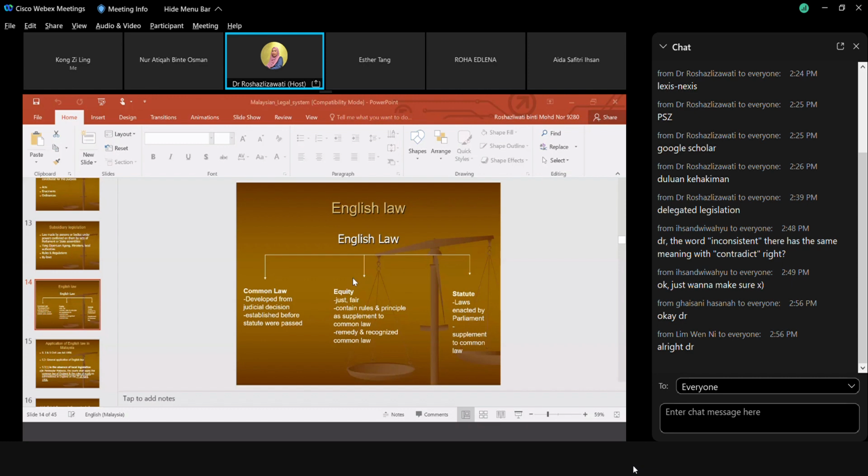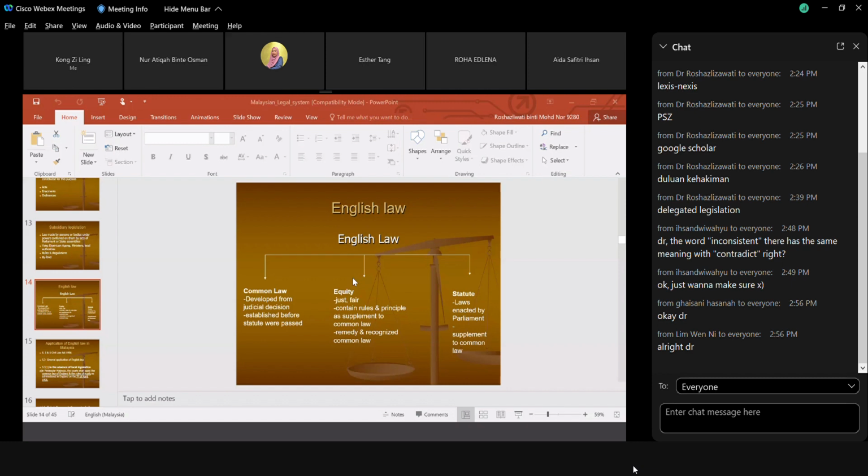If there is conflict between common law and equity, we look at what is the latest version of law. Jadi sekiranya ada konflik di antara common law dan equity, equity will prevail. Equity will win, sebabnya equity is considered as the latest law compared to common. But if there is a dispute between the common law, equity and also statute, statute will prevail. Statute paling latest. Kita lihat undang-undang mana yang paling terkini.